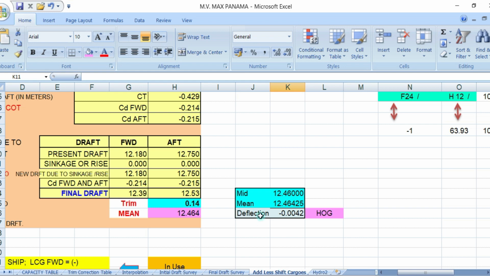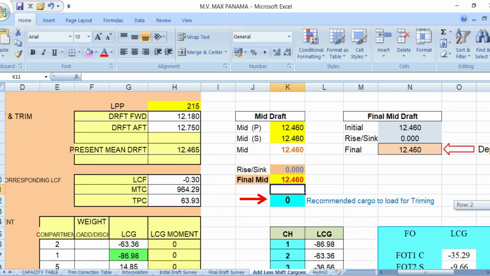So the purpose of this figure here is to know what your deflection is. It is very important that you get an actual reading of your mid port and your mid starboard, so you will have an actual mid draft here.